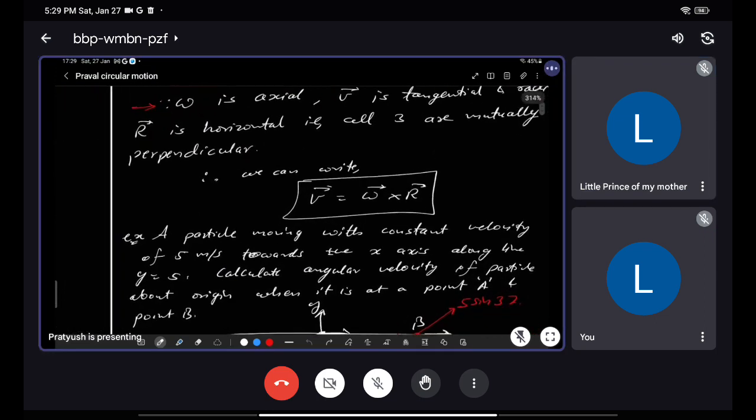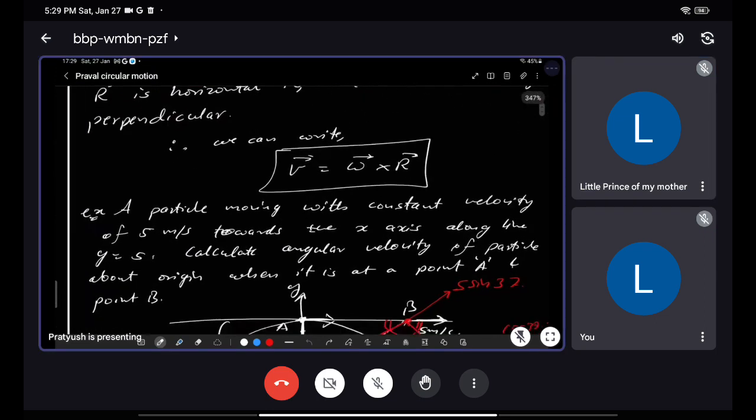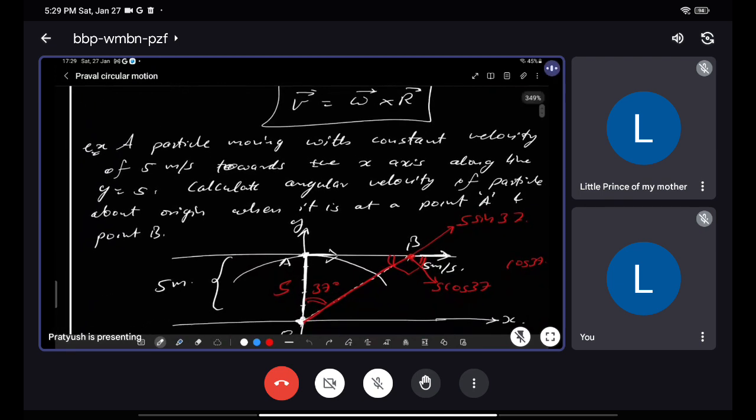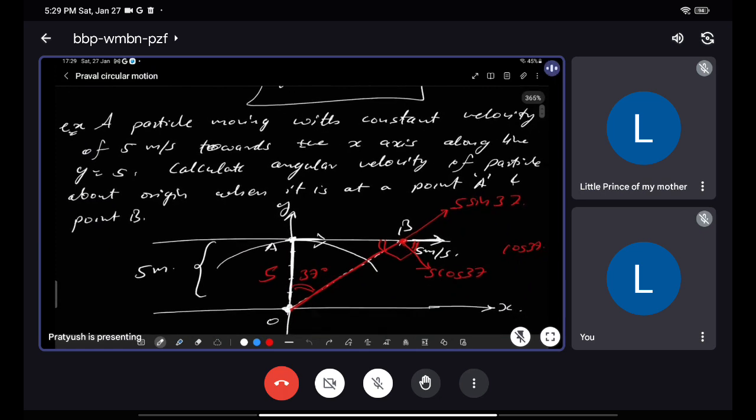Now, see this question. A particle is moving with a constant velocity of 5 meter per second towards the x-axis along line y equals 5.